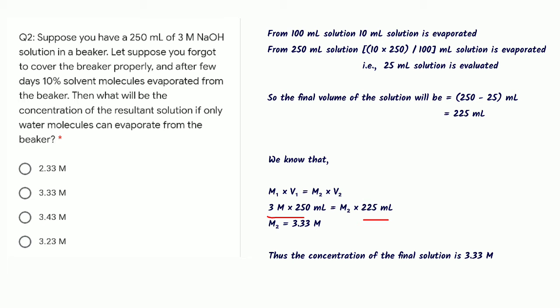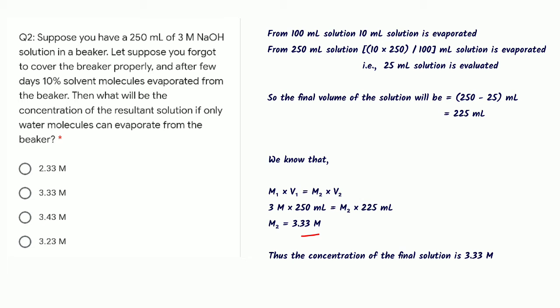If you cross multiply using simple mathematics, we get the value as 3.33 molar. So the concentration of the resultant solution will be 3.33 molar.